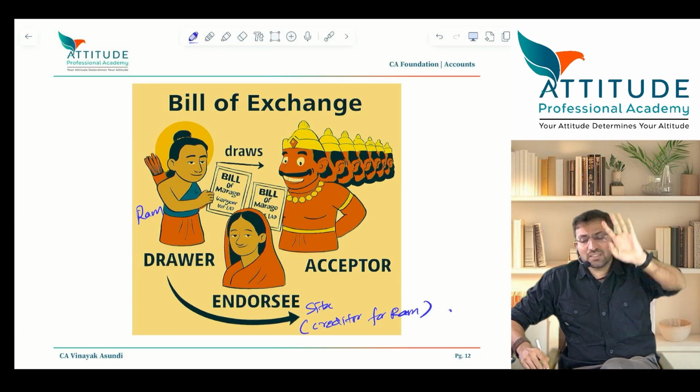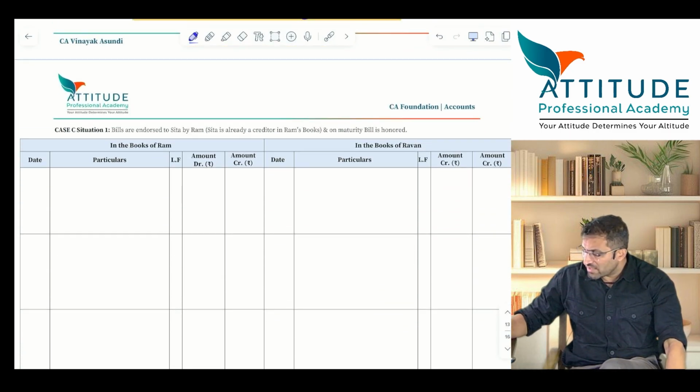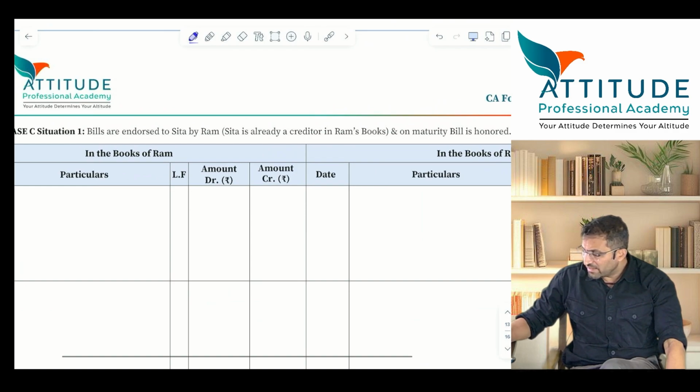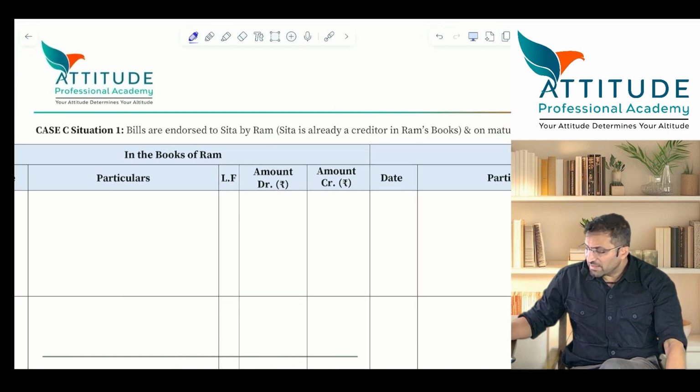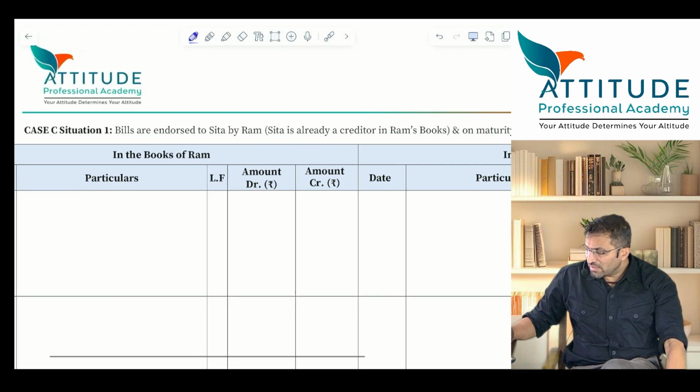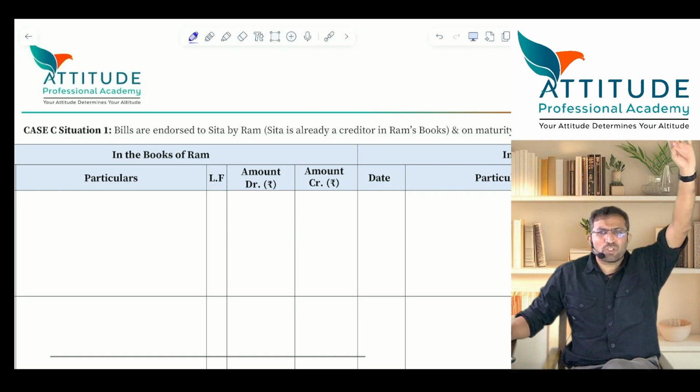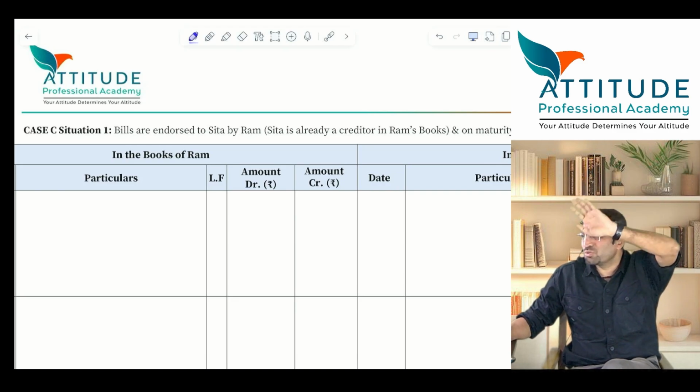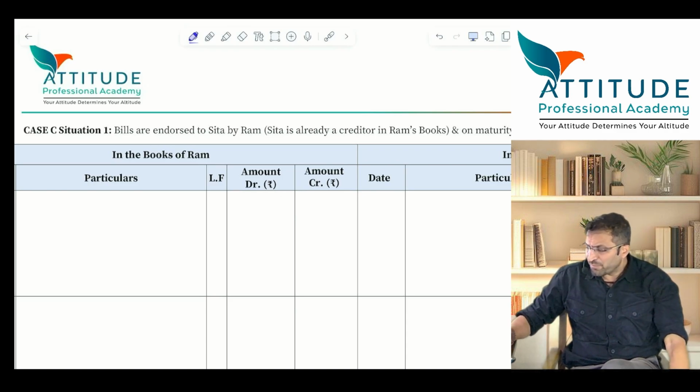Clear? Okay, now let me see how many of you can answer this. Case C, situation 1. Same question. Ram sold the goods to Ravan, then a credit period of 3 months, then Ram draws the bill. The starting is the same; only this much changes. Bills are endorsed to Sita by Ram.